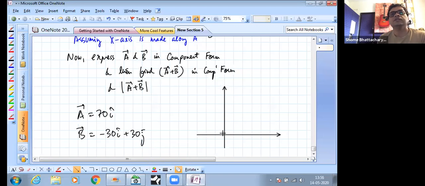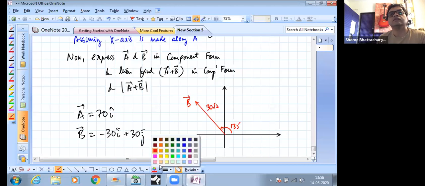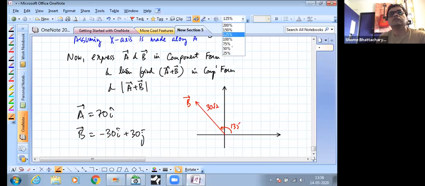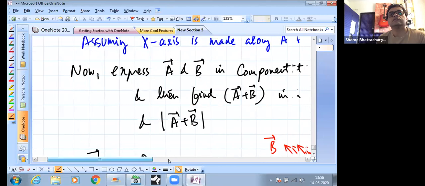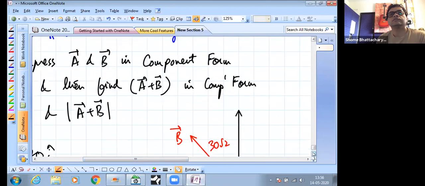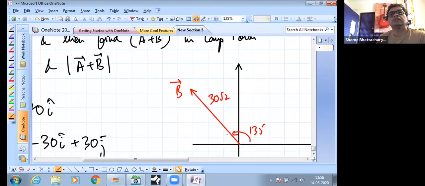So my vector B was drawn like this. Its magnitude was 30 root 2. This angle was 135. So that also means that for the vector B, this angle is 45.